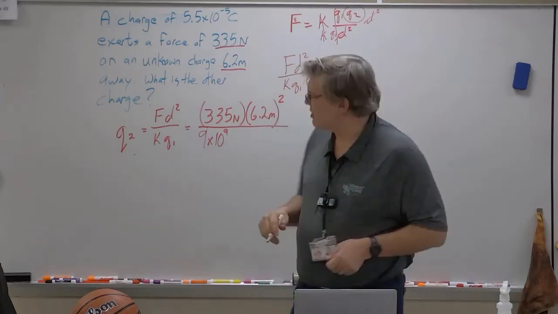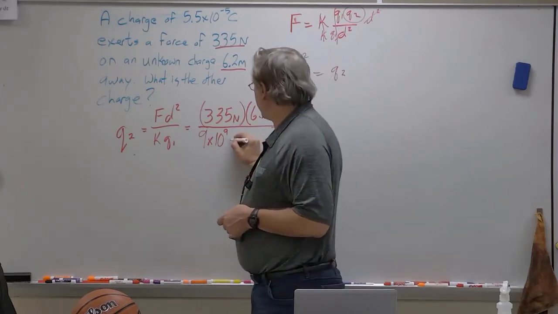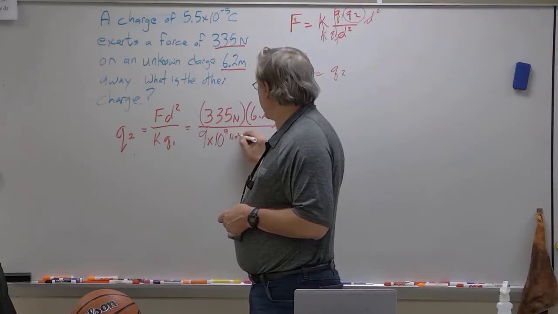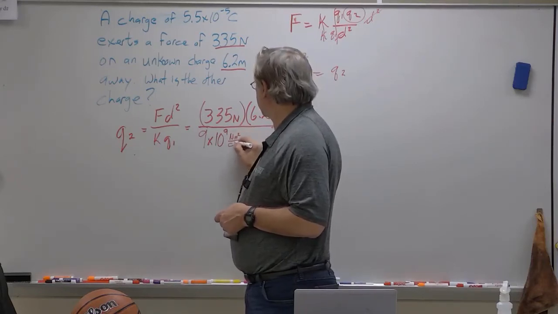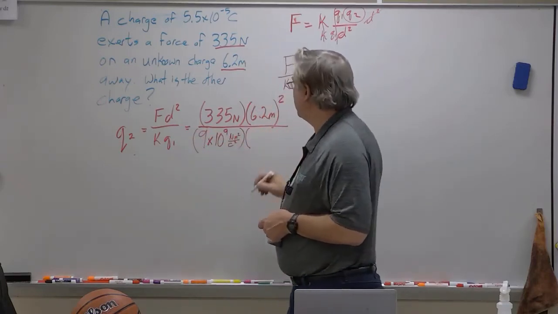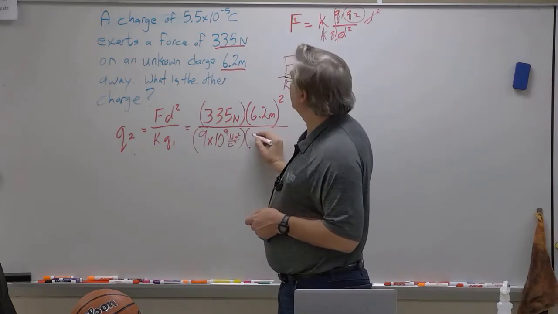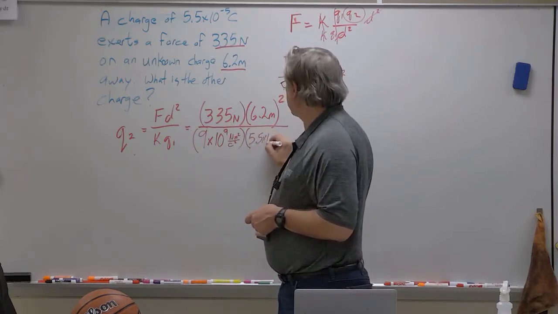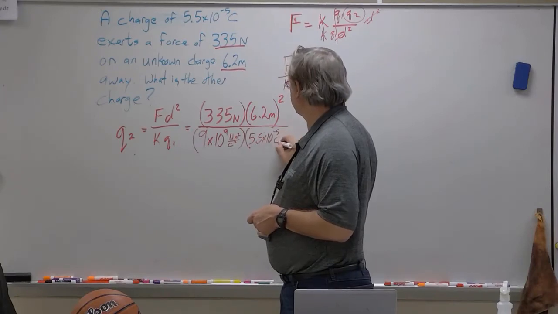The units for that are newtons times meters squared over coulombs squared. And then we have last our Q1, which is 5.5 times 10 to the negative fifth coulombs.